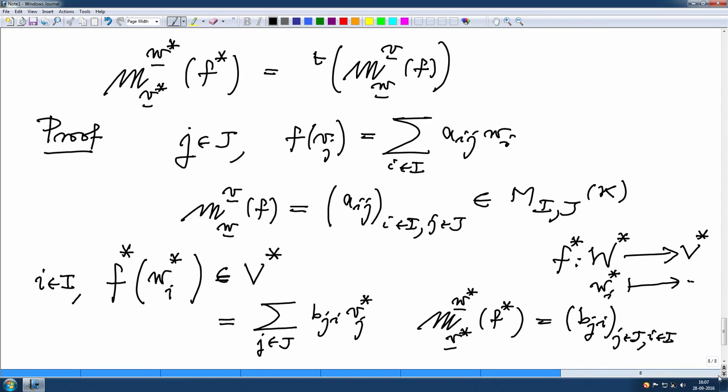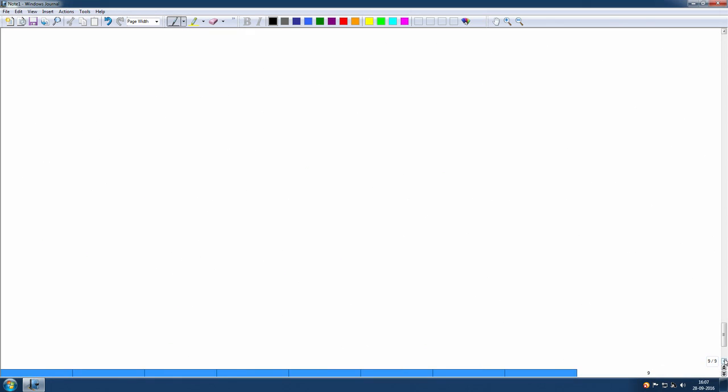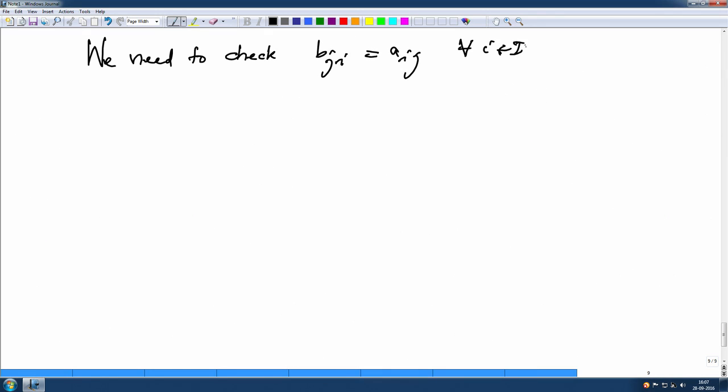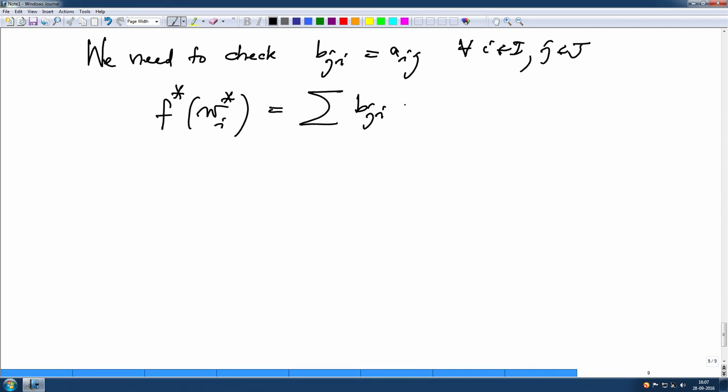So we need to check bji equal to aij for all i in I and j in J. Okay, fine. Let me write that equation again. We have written this equation and we want to calculate bji.